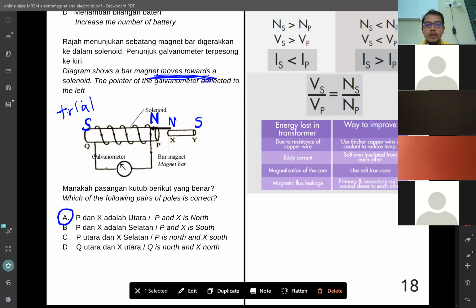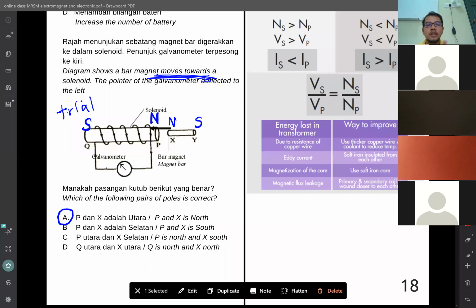If it moves towards, meaning the solenoid wants to repel. In other words, it will be the same pole if it moves towards. Like this one, if you know one is north, the other one will also be north because it moves towards. So the answer for this question is A.